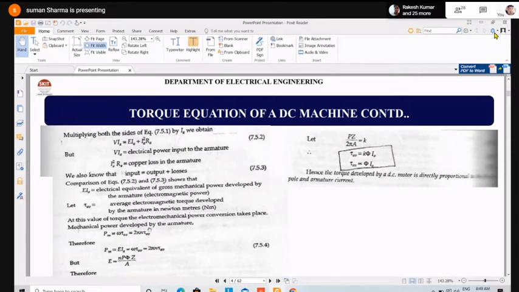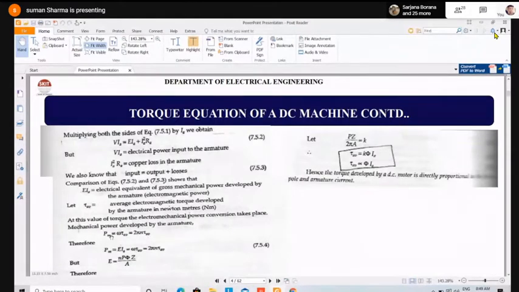So the mechanical power developed is E into IA, and in terms of mechanical quantity क्या रहती है हमारी? Speed and torque. So power can be written as product of speed and torque, because what is power? Power is nothing but rate of change of work done, that is dW by dt. And what is work done?